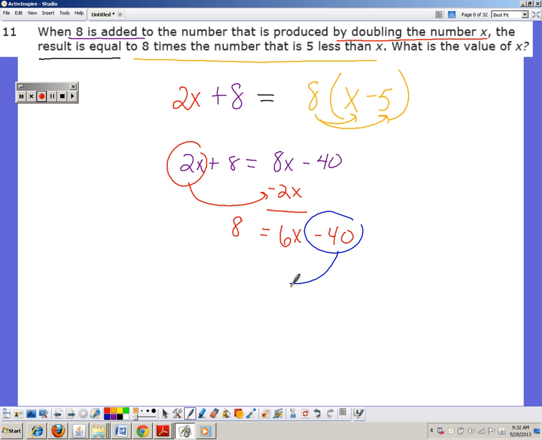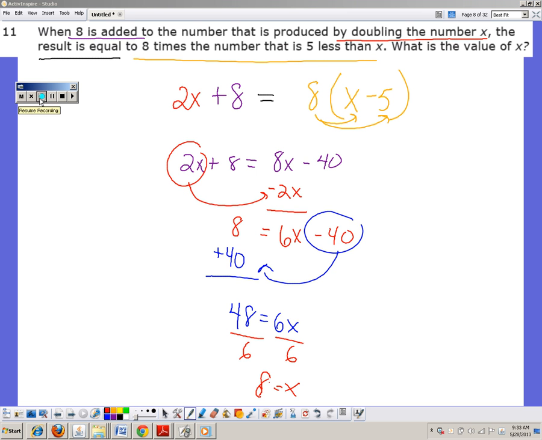It's negative 40, so it becomes plus 40. So we get 48 equals 6x. To find x, then all we have to do is divide by 6. Sorry, x equals 8.